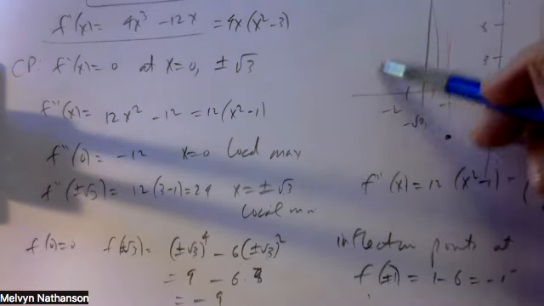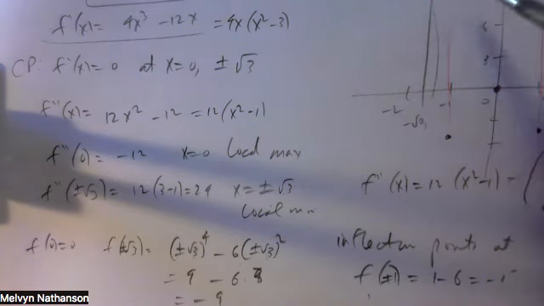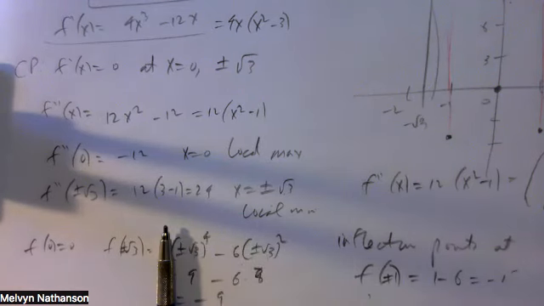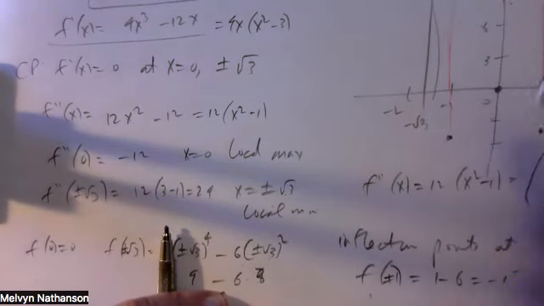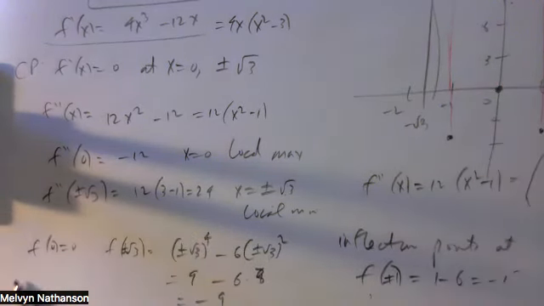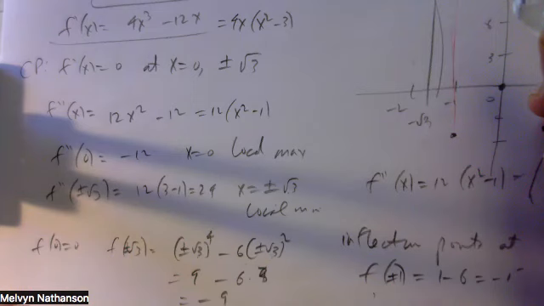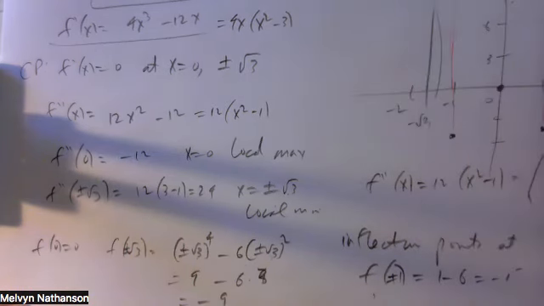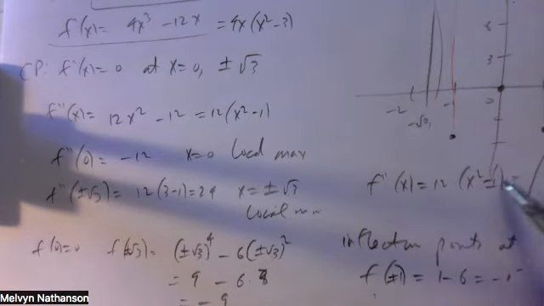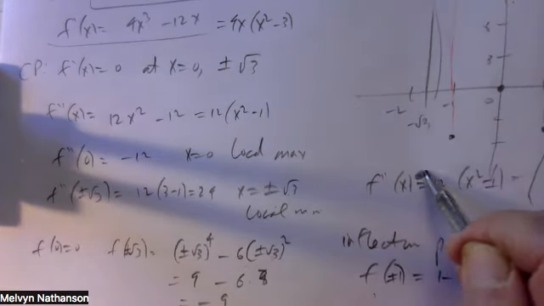And let's see, we have a maximum. Sorry, I don't really need these points. Maybe I do. F of 0 is 0. F of root 3 is minus 9. Should have done this properly. Minus 9, down around here.